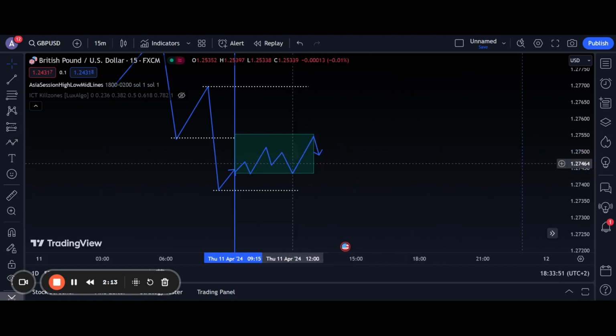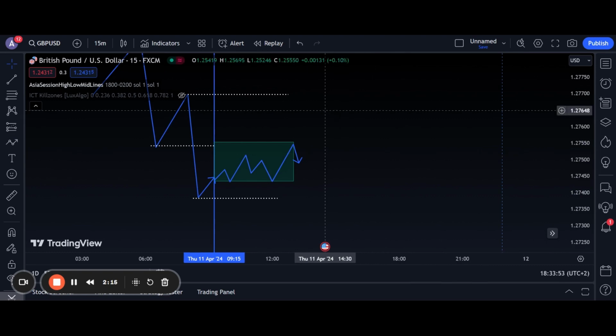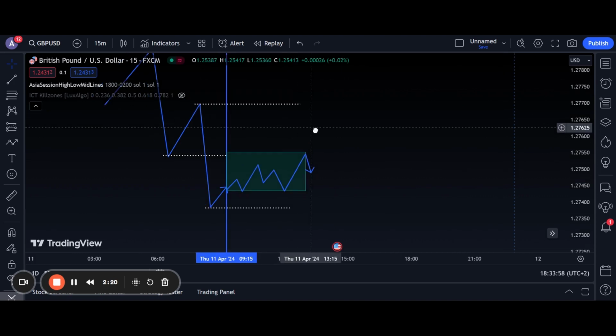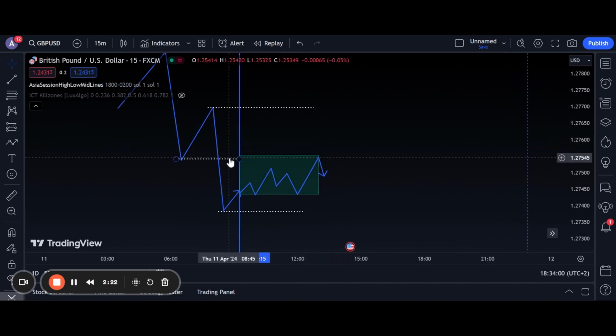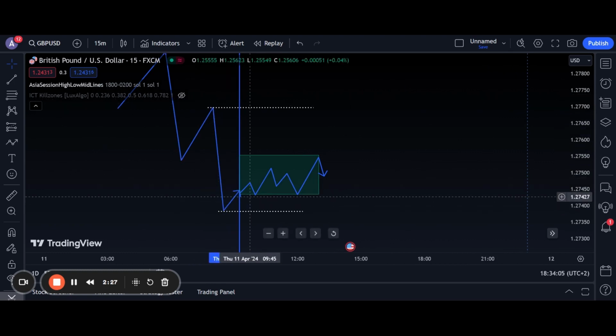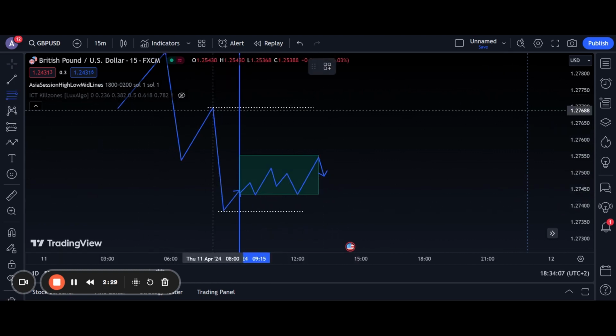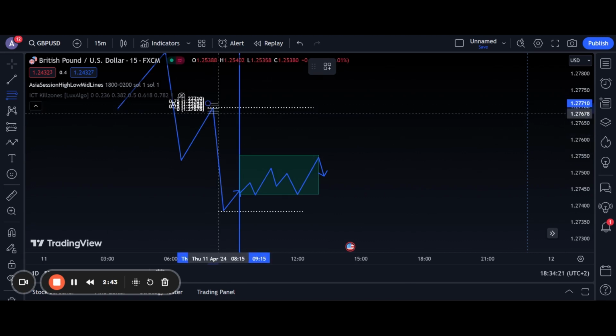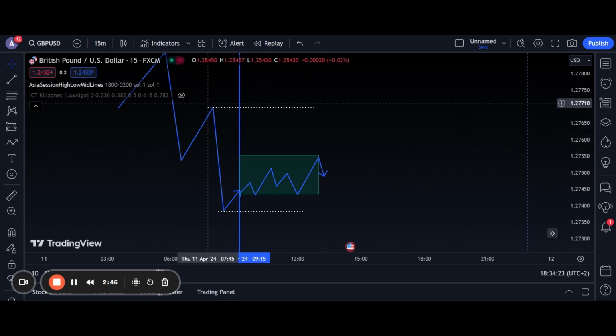When we have this type of setup, the way I like to approach it is, if we know our high time frame range, that is this whole section from this high to this low, the only thing we need to do is find our high probability areas, or basically points of interest, where we can take a short in this case, because we have here a break of structure, a break from the lows, and we have right here a confirmed high.